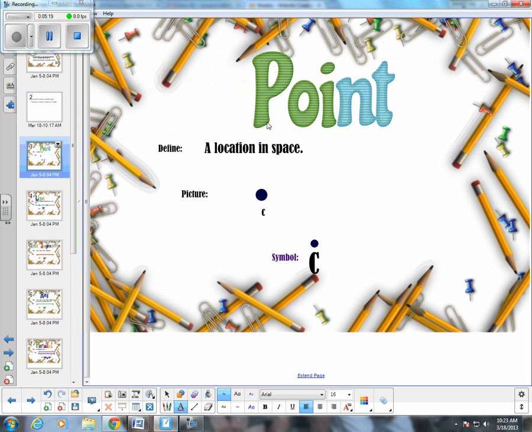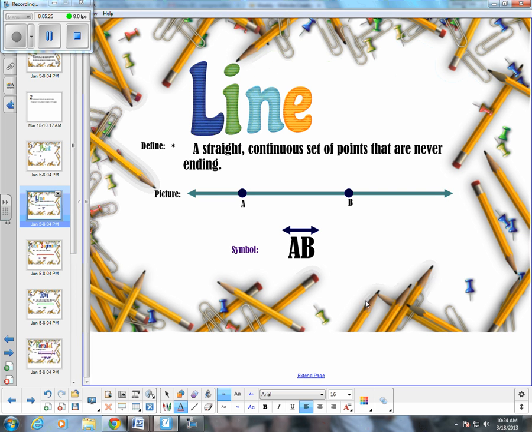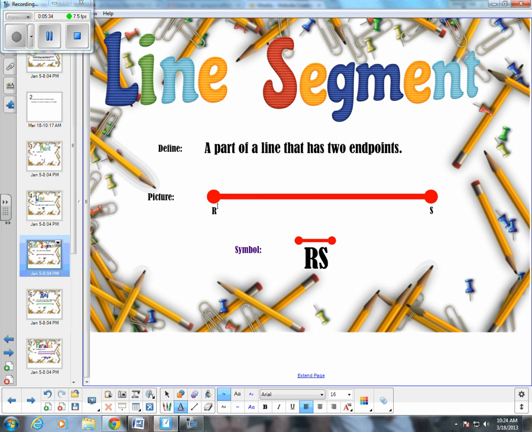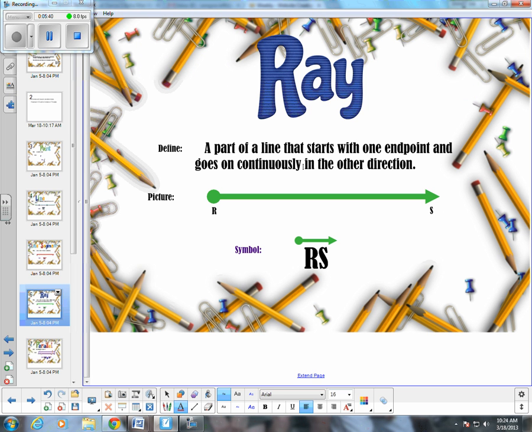We have a point, which is the very basic part of geometric shapes. Then we have a line, which goes continuously in both directions, never ending. Then we have a line segment that has two endpoints, so it's a certain distance and it stops. Then we have a ray, it has an endpoint on one side and then continues in the other direction with its arrow.